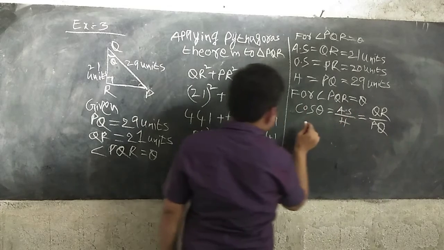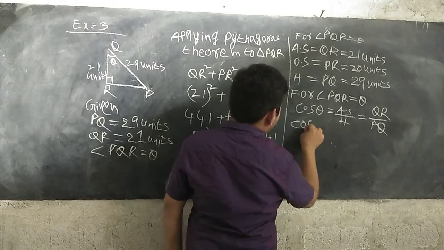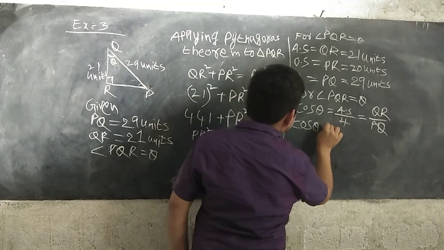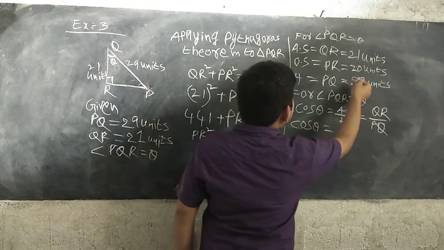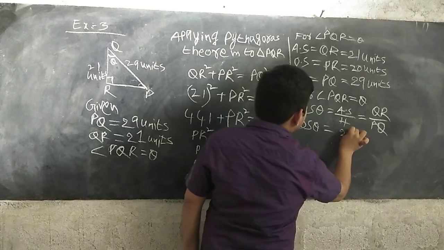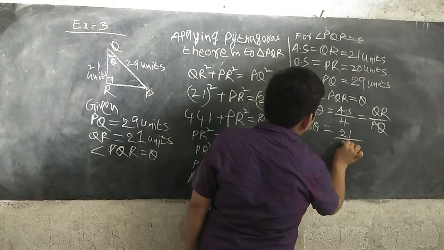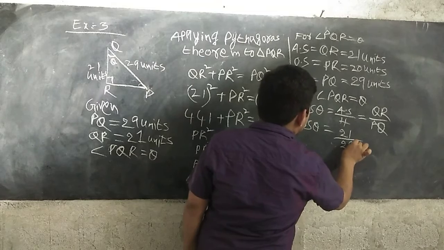So cos theta equal to QR by PQ, that is 21 by 29.